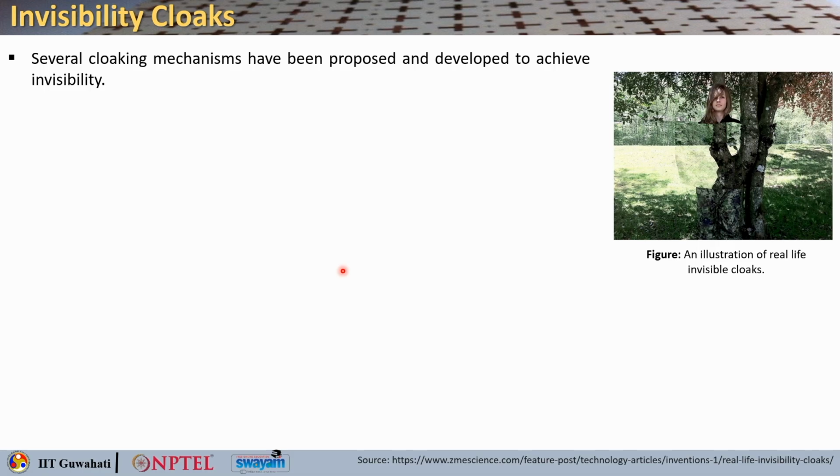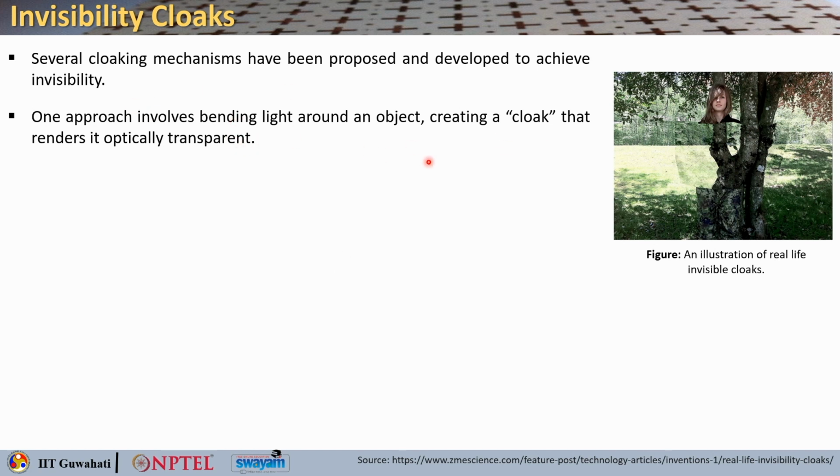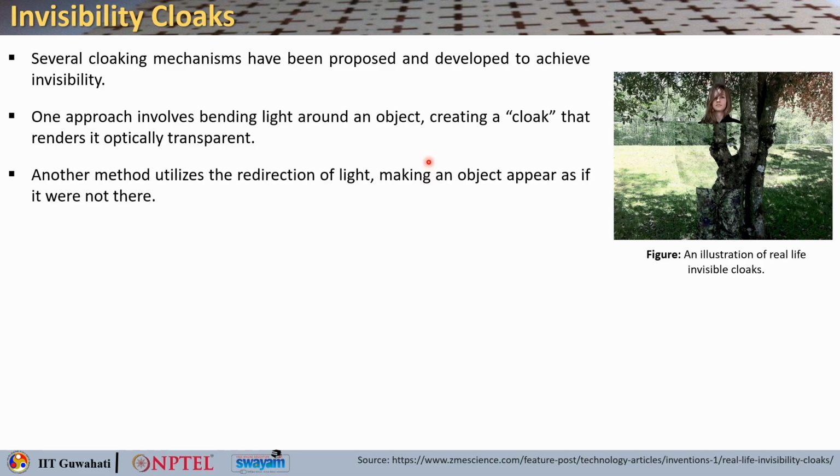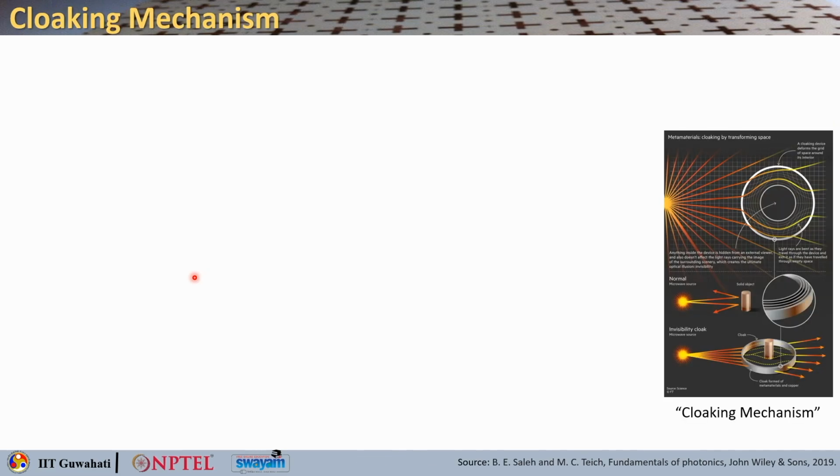Several cloaking mechanisms have been proposed and developed till now to achieve the final goal of invisibility. One approach involves bending of light around the object so it becomes optically transparent. The other method utilizes redirection of light, making an object appear as if it is not there. These techniques require precise control over the speed, direction and intensity of light waves to achieve this kind of effect. So now let us look into the cloaking mechanism.